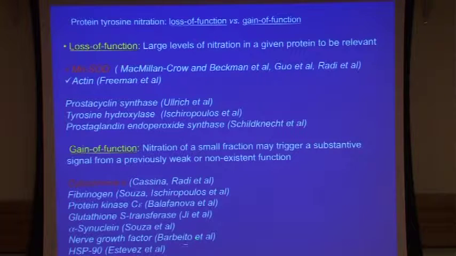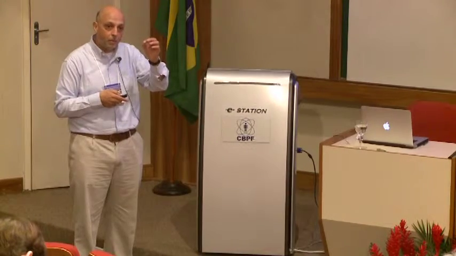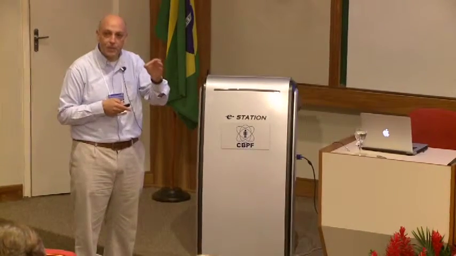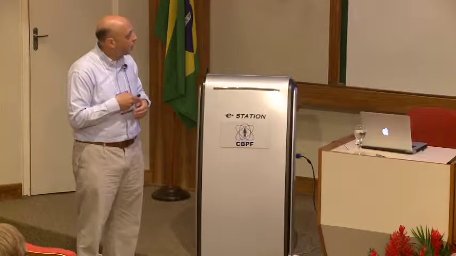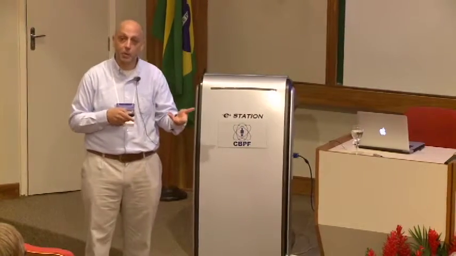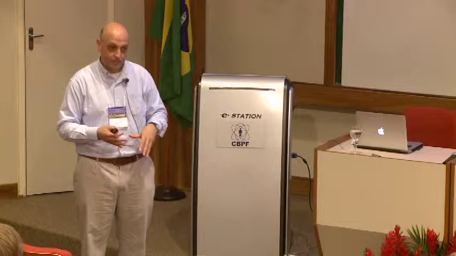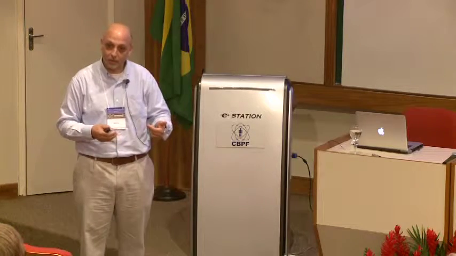Luis Barbeito of the Institut Pasteur in Montevideo found a few years ago that this important growth factor, if it's nitrated even 0.5%, that small percentage converts this growth factor into a strongly cell death inducing protein. So instead of being healthy, the neuronal cultures die. So it becomes pro-apoptotic.